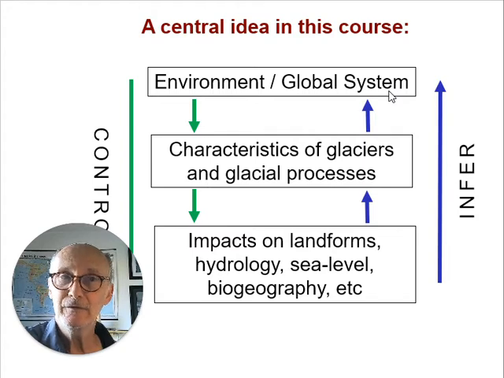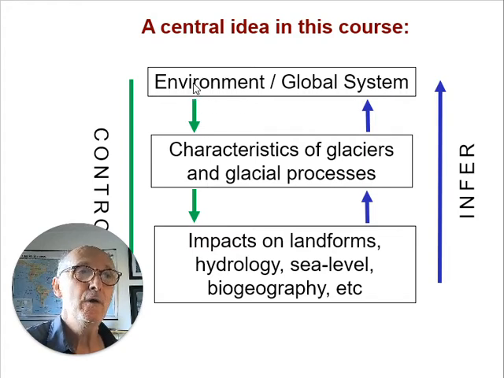So we're doing two things. We're working out how these things control each other to give us the landforms and landscapes that we're seeing around us now. And we're also seeing how scientists can work backwards from the evidence embodied within the landforms to figure out the characteristics of ancient glaciers and the ancient glacial system.